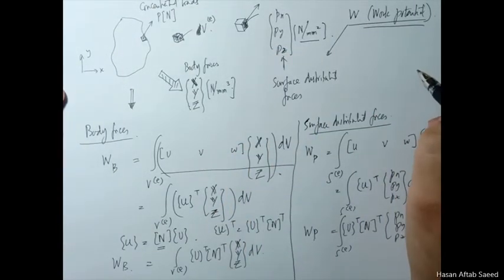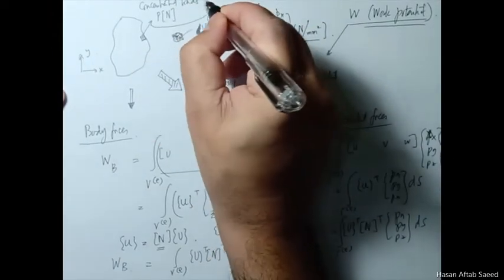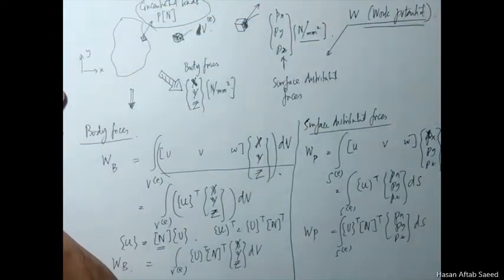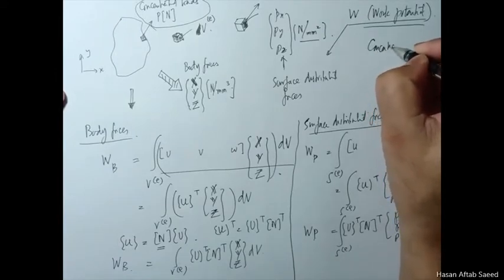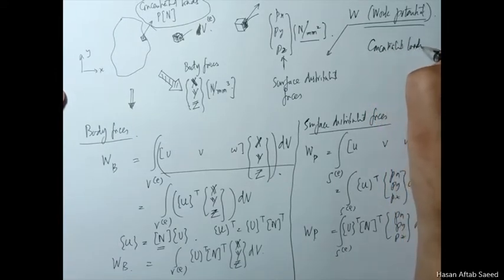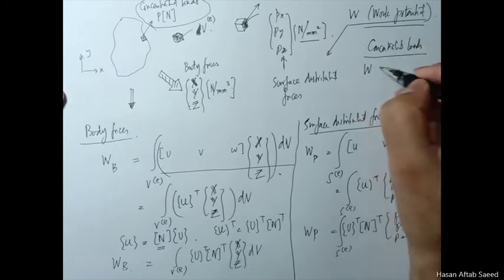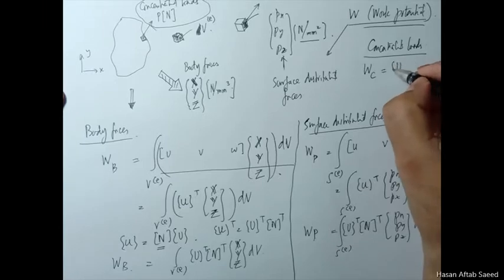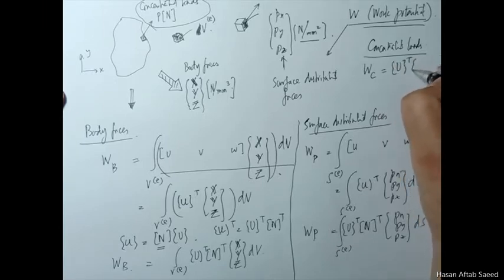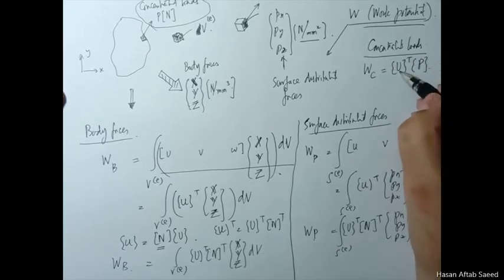Now last of all, we need not spend too much time on this one. This is simply the work done by concentrated loads. The work done by a concentrated load is simply the nodal displacement times the load.